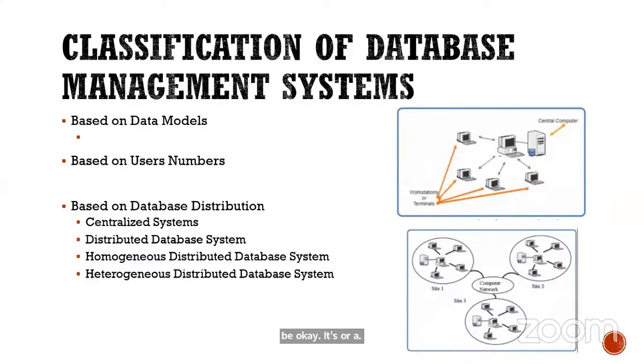Yes, sir. Now, another type of database system is a distributed database system, where, if you look at this diagram down here, we have a distributed system. Google uses a distributed system.